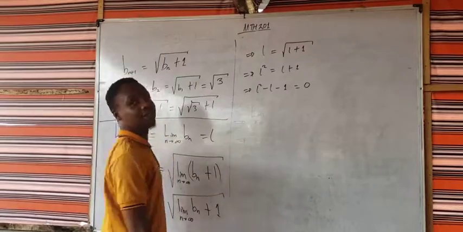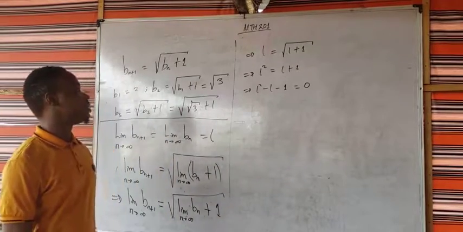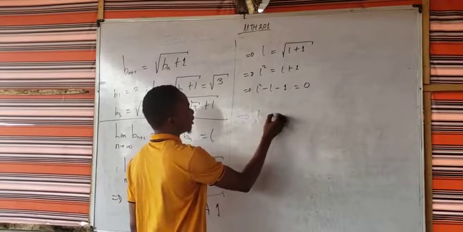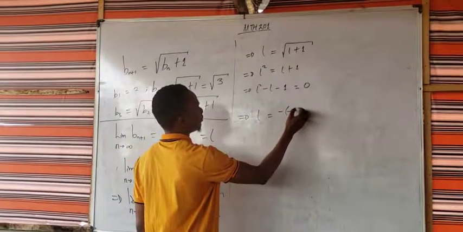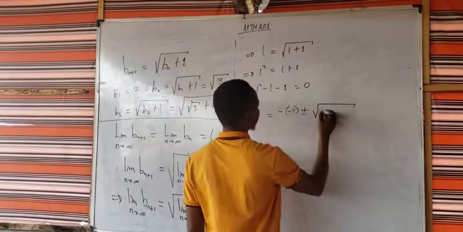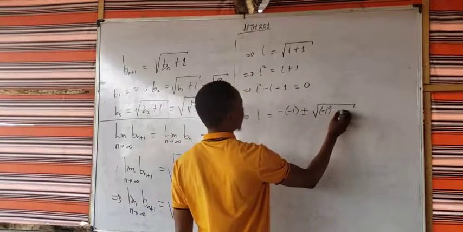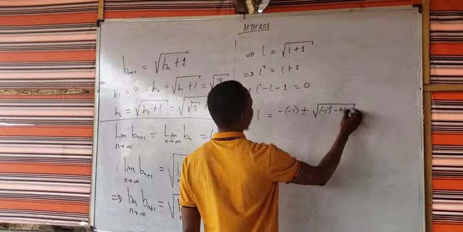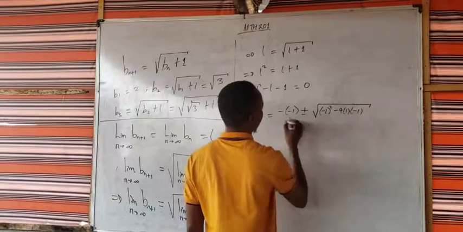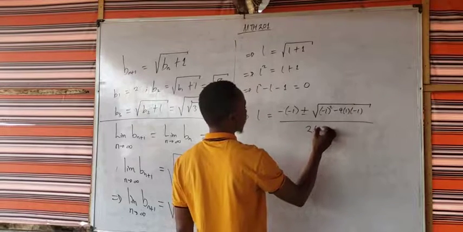You can't factorize? Okay. If you cannot factorize, can you use the formula method? x is equal to minus b, b is minus 1, plus or minus the square root of b squared, that's minus 1 squared, minus 4ac, a is 1 and c is minus 1, all over 2a, that's 2 times 1.